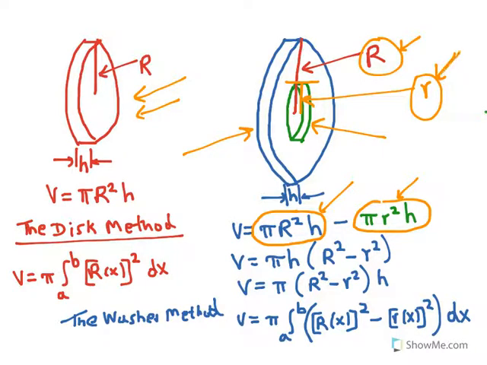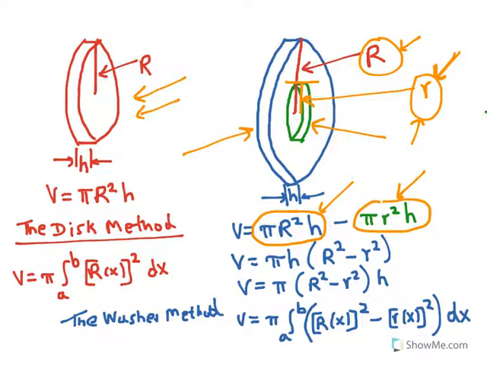Lowercase r measures the distance from the center to the inside part of the washer, so that we can find the volume of the missing part, which is also a disk. So that's what we have here, pi times lowercase r squared times height.